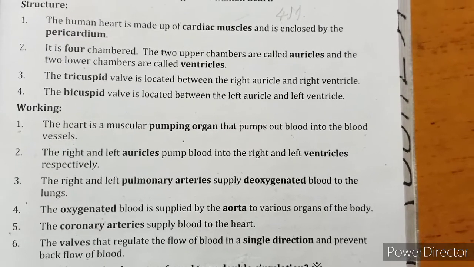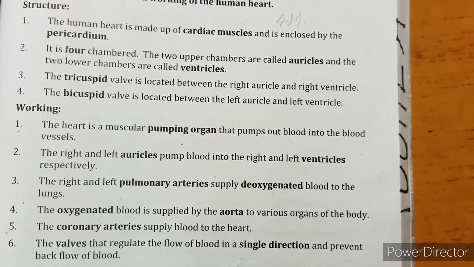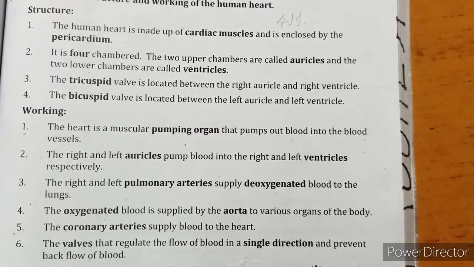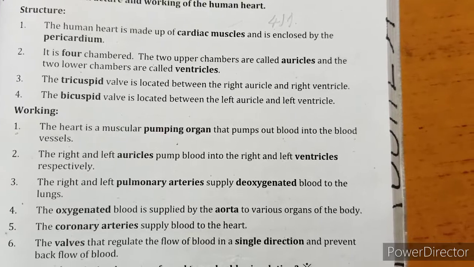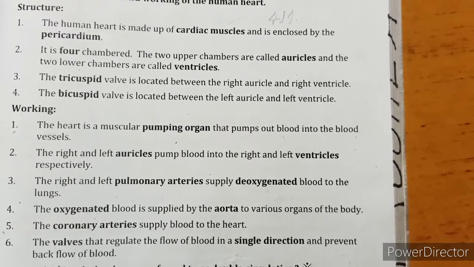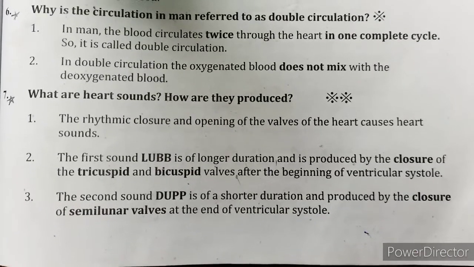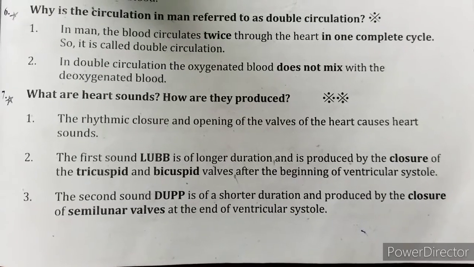The oxygenated blood is supplied by the aorta to various organs of the body. The coronary arteries supply blood to the heart. The valves regulate the flow of blood in a single direction and prevent backflow of blood. Why is the circulation in man referred to as double circulation?